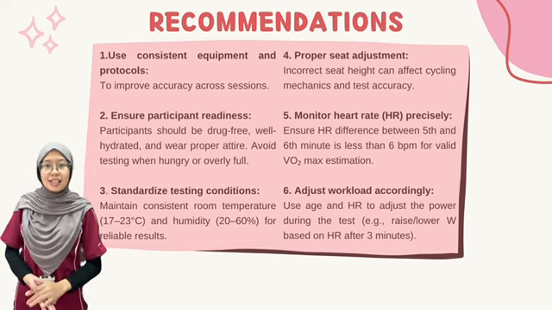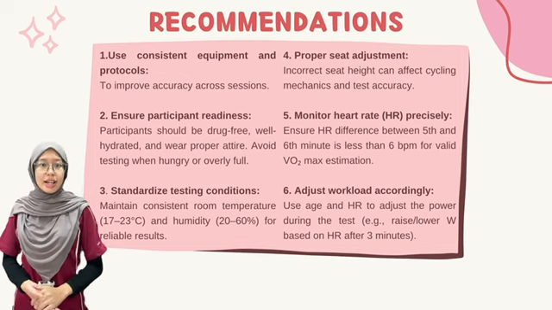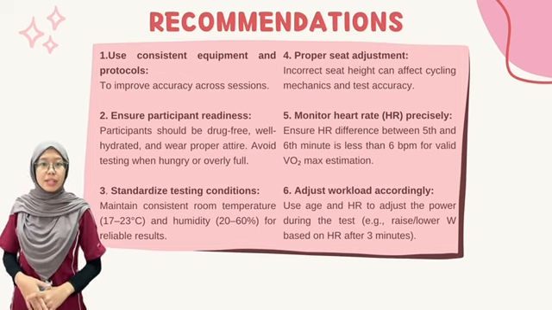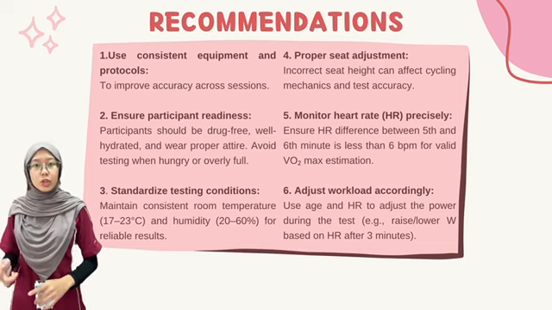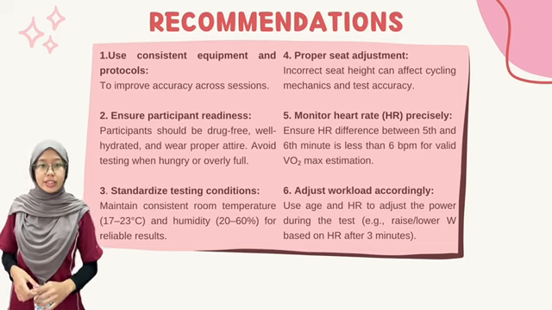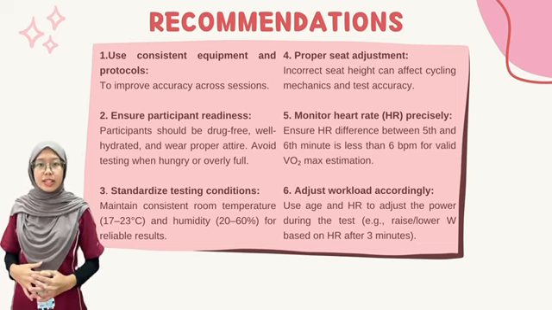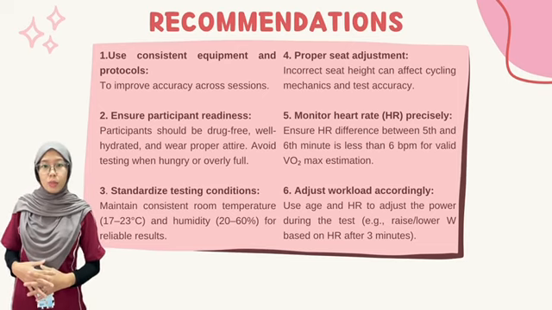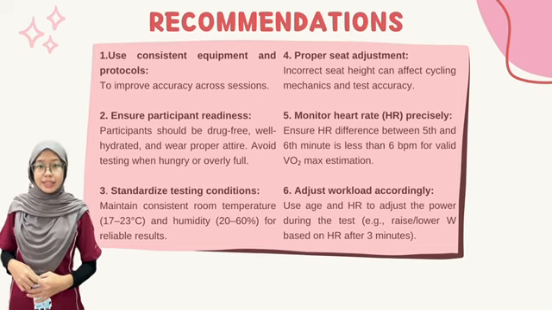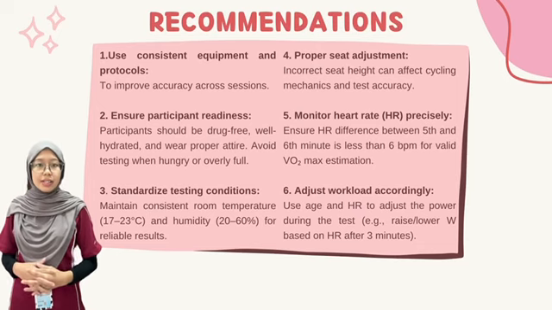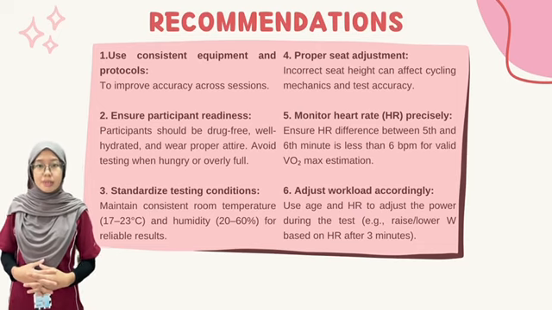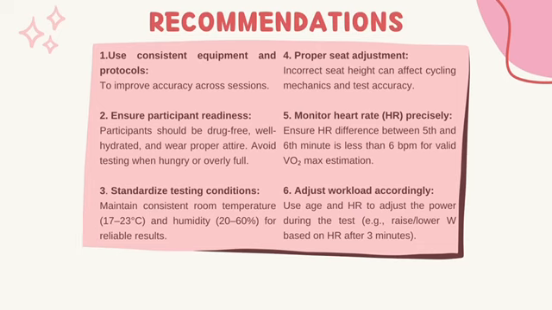Third, the testing environment must be standardized. The room temperature should be maintained between 17 to 23 degrees Celsius, and humidity should range from 20 to 60%. This environmental control helps reduce variability in test results.